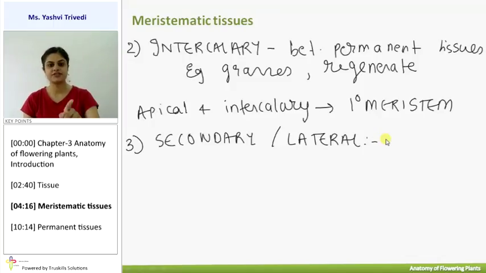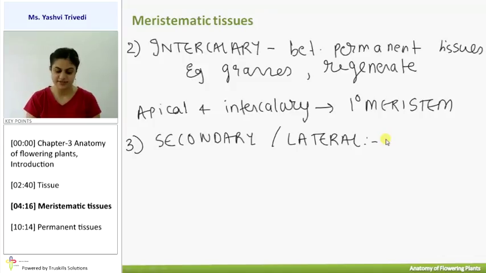We were calling the first two primary because they appear in the early stage of the plant's life and are responsible for the primary growth. Exactly opposite will be the situation for secondary and lateral. As they appear later in the plant's life, they are said to be lateral meristem. They are responsible for the secondary growth of the plant, so they are said to be secondary meristem. So that is the third type of meristem.